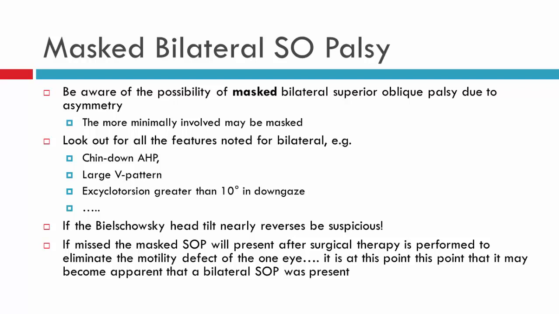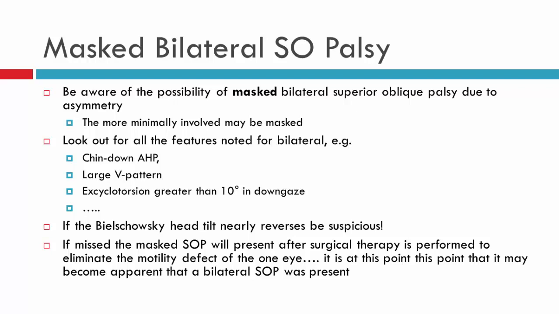Now, some patients are going to be very, very difficult to make the distinction and to work out if they are indeed bilateral. The time that you will see that it was a bilateral and that you incorrectly diagnosed it as a unilateral is post-operatively. If they've got a bilateral superior oblique palsy and say, for instance, the right is the one that's noticeable and the left has been masked, if the surgeon operates for the right superior oblique palsy, post-operatively the left superior oblique will be unmasked and you'll notice it.